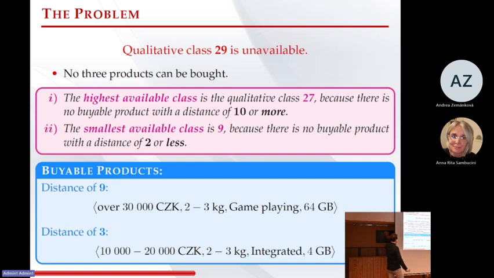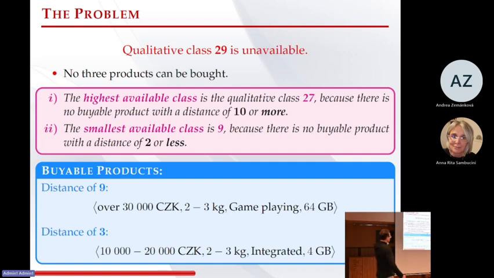So that means this laptop with distance 9 exists. If we choose 3 of these laptops, we get to the class 27. So this is an available class. On the other hand, these 3 laptops with the total distance 3 belong to the class 9.